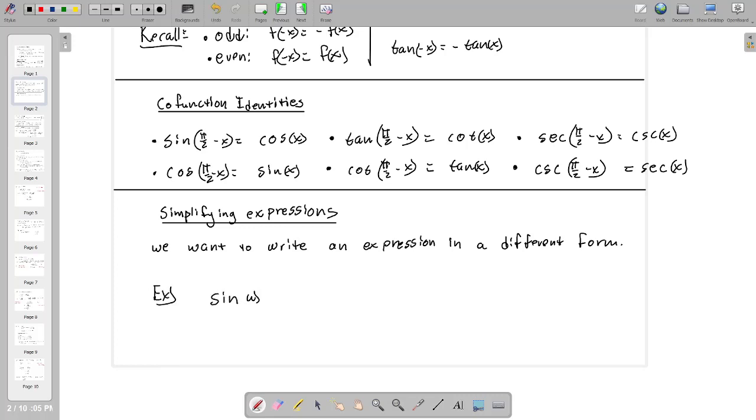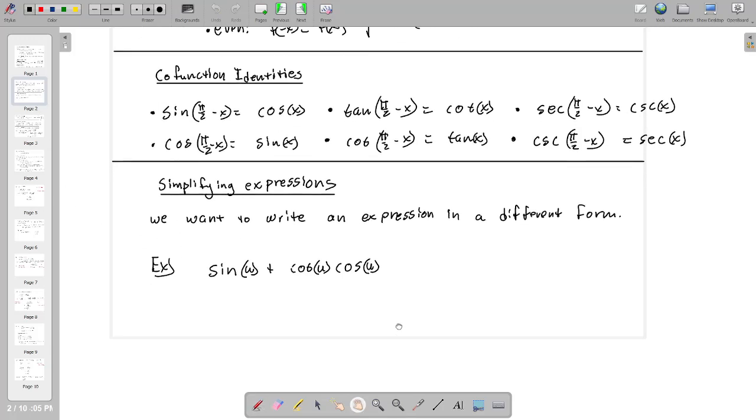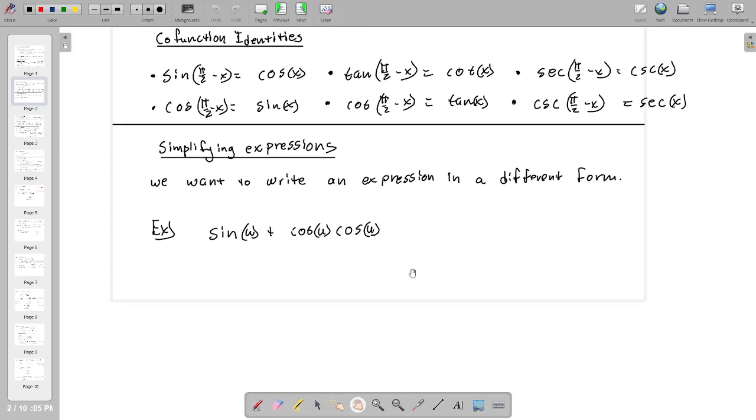Let's look at sine of u plus cotangent u cosine u. A lot of times when you're trying to simplify these expressions, you're going to want to change everything into sines and cosines. And in this case, it'll be actually really beneficial. This might look a little bit complicated, but it's actually not. What we're going to do is use identities that we know in order to manipulate how this looks. For instance, remember, cotangent of theta is equal to cosine of theta divided by sine of theta.